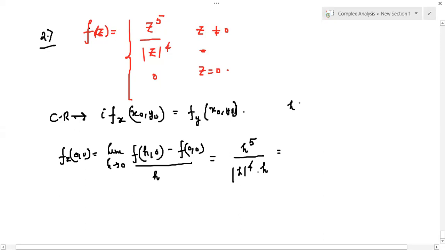And if h is on the positive side, we are taking h to be greater than 0 only. So h tends to 0 and h is greater than 0. This is what we are taking. So what we'll get from here is simply 1.